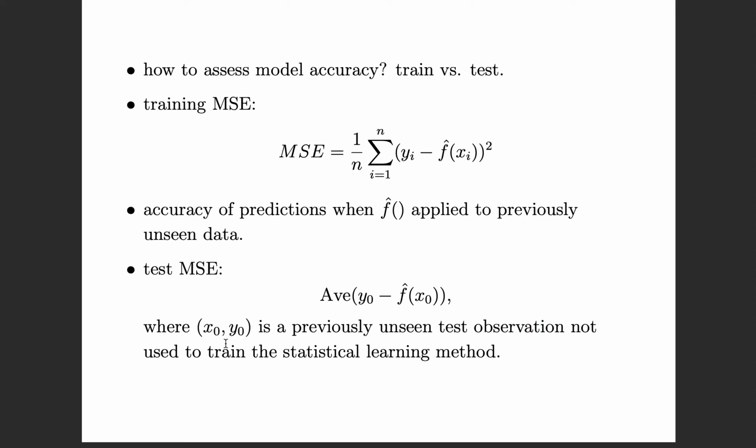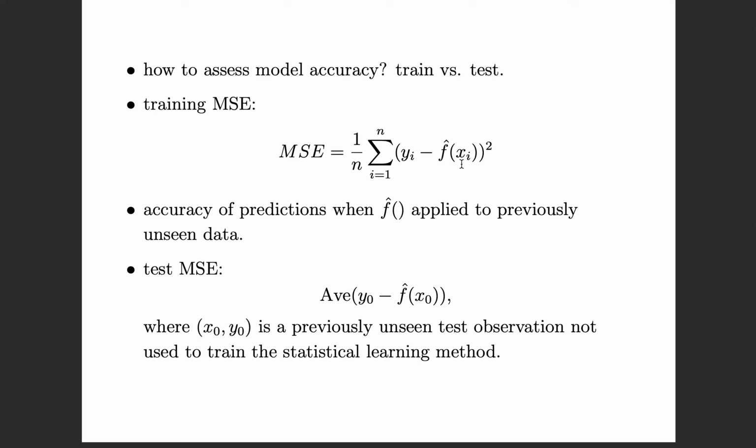So x0 and y0 are unseen data points, and the test MSE is the average. I mean, there needs to be a square here. I'm missing a square here, but you get the idea. And what is it averaged over? It's averaged over the unseen test observations. And these two quantities are not the same.